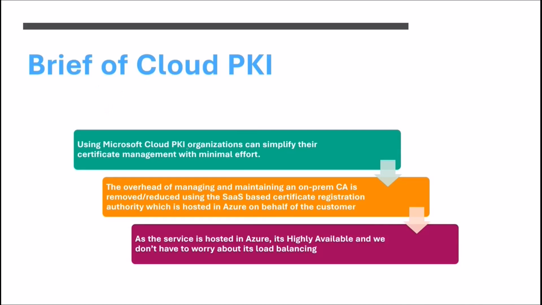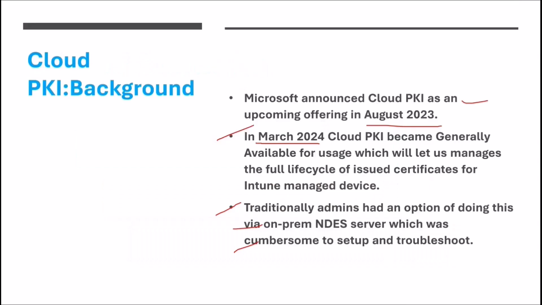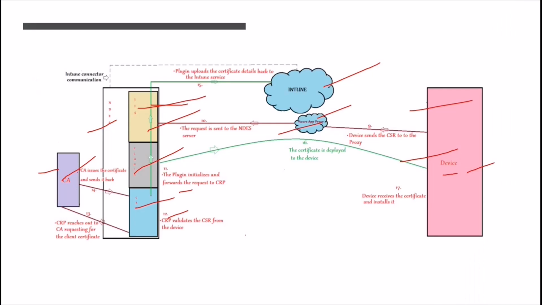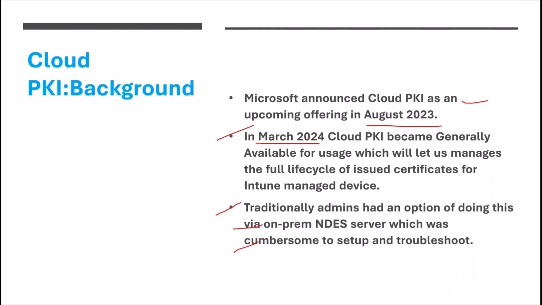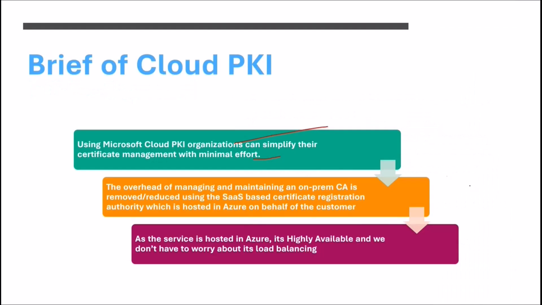So using Cloud PKI, organizations can simplify their certificate management with minimal effort, because in case of Cloud PKI, we do not need so many components. So the 5 components that we have seen over here, we don't need so many components with Cloud PKI. So the overhead of managing and maintaining an on-premise CA is removed and reduced, because Cloud PKI is going to issue the certificate.